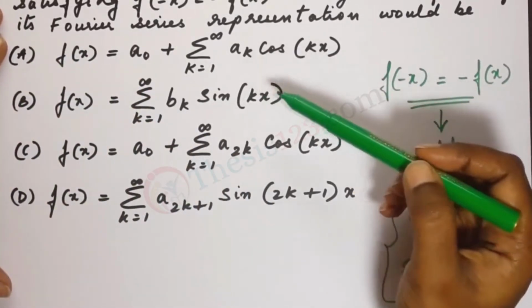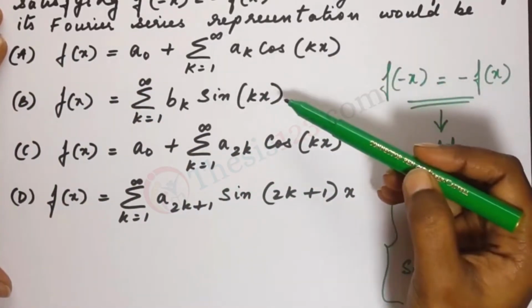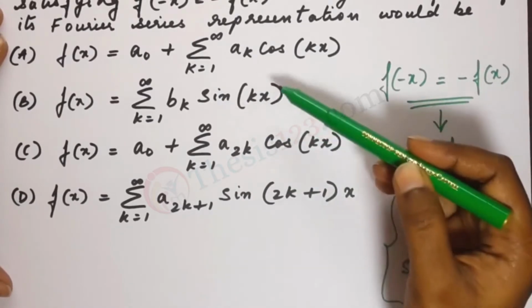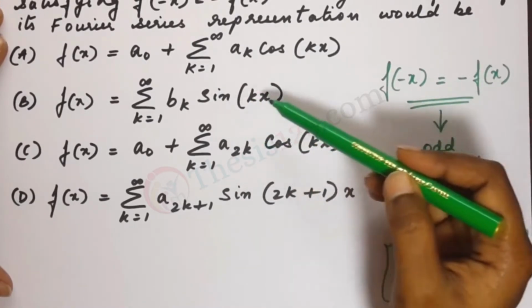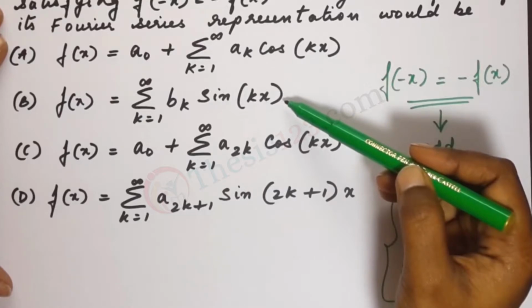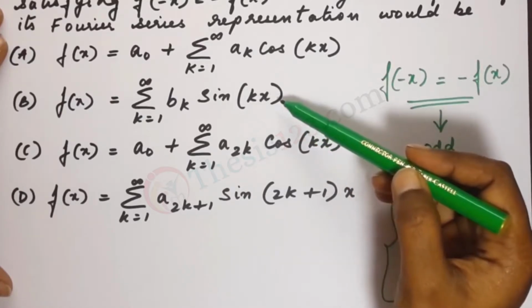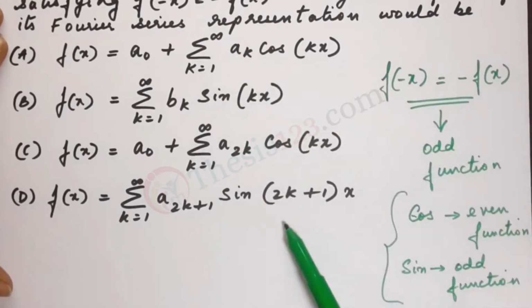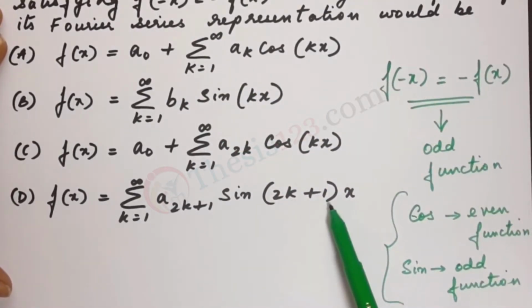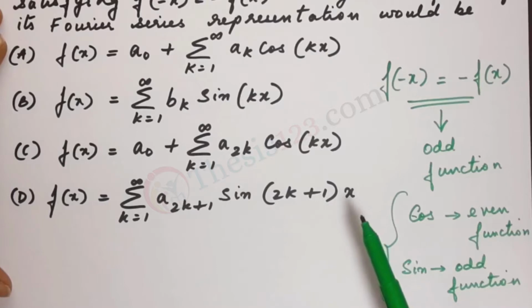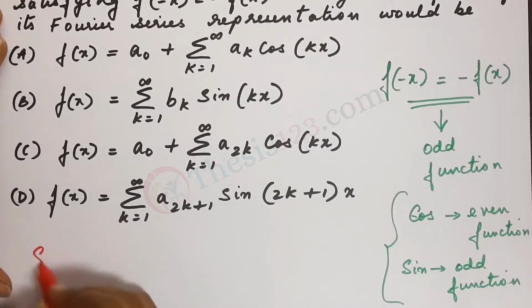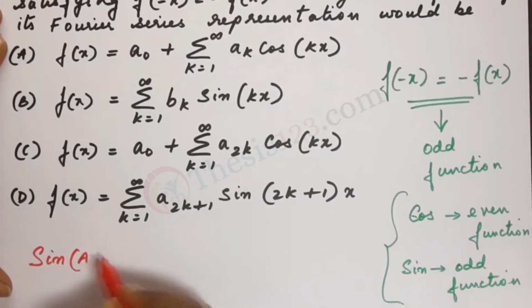Now let's look a little closer at options B and D. Now in option B, we see that there is just one term, sine of kx. So this is just one term. But here we have sine of something plus something. So let's consider it to be sine of a plus b. Now you should remember what the formula for sine a plus b is.